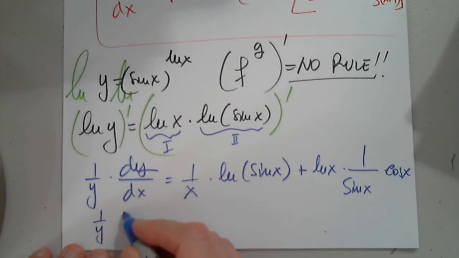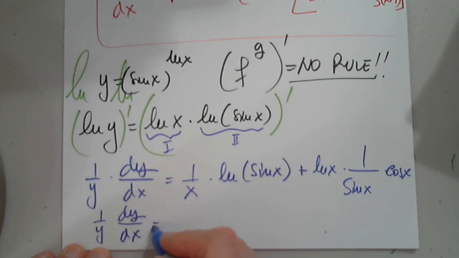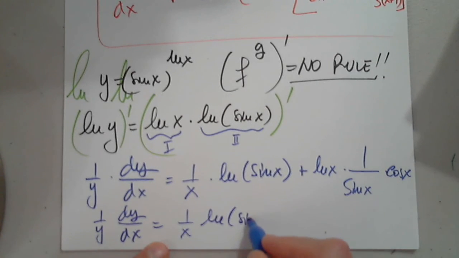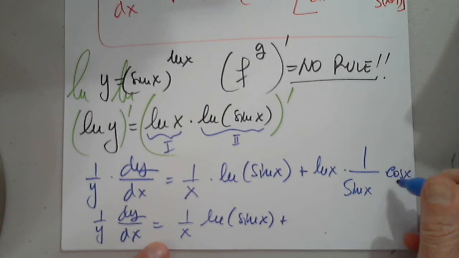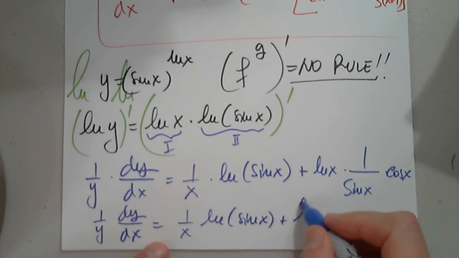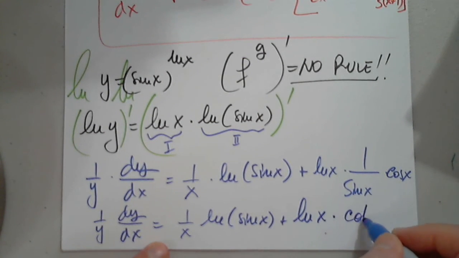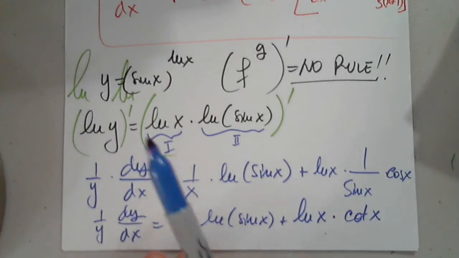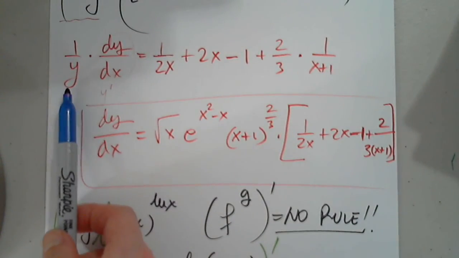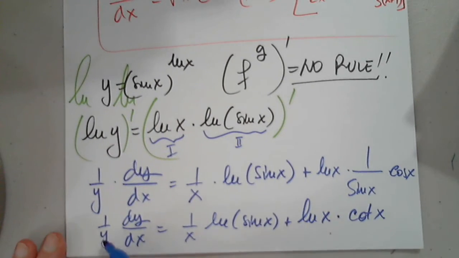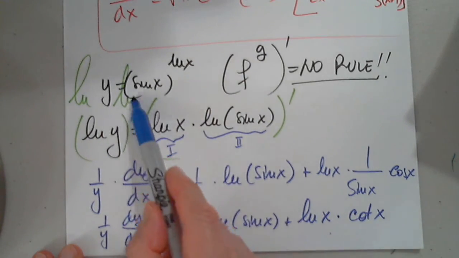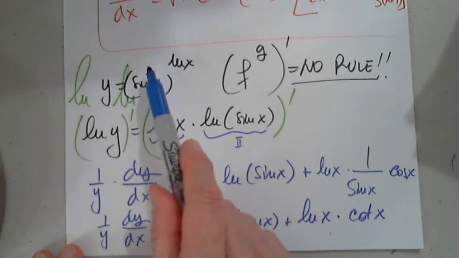So 1 over y dy over dx equals 1 over x natural log sine x plus cosine over sine is cotangent, natural log x times cotangent x. All I have to do is what I did here, multiply both sides by y. But I will not multiply by y because I have to multiply by sine raised to natural log x.